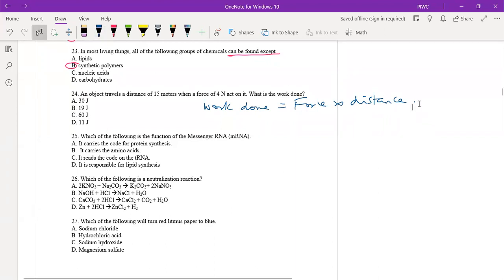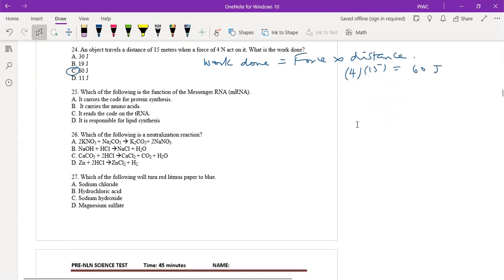So remember this formula. Now the distance is given as 15 meters, and the force is 4 newtons. So it's 4 times 15, and that gives us 60 joules. So work is force times distance.